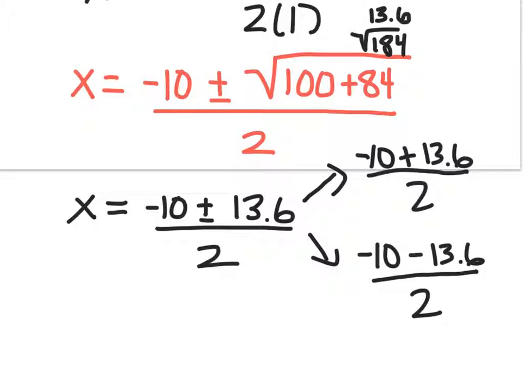If I find those two values, the first value is going to give me 1.8. Okay, and the second value is going to give me negative 11.8.